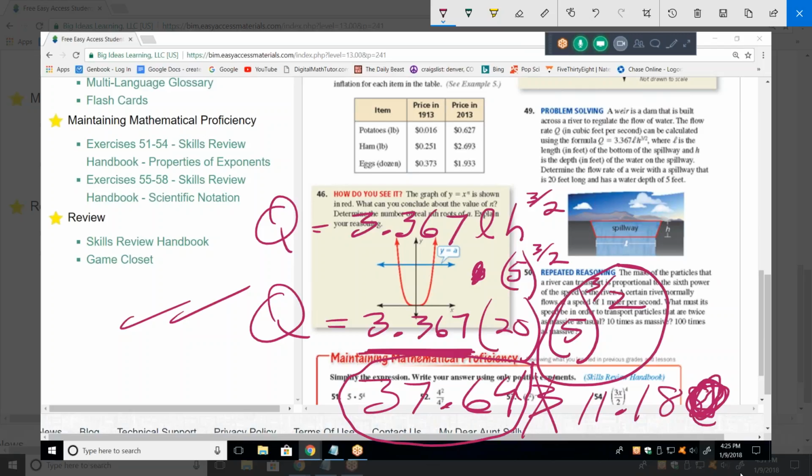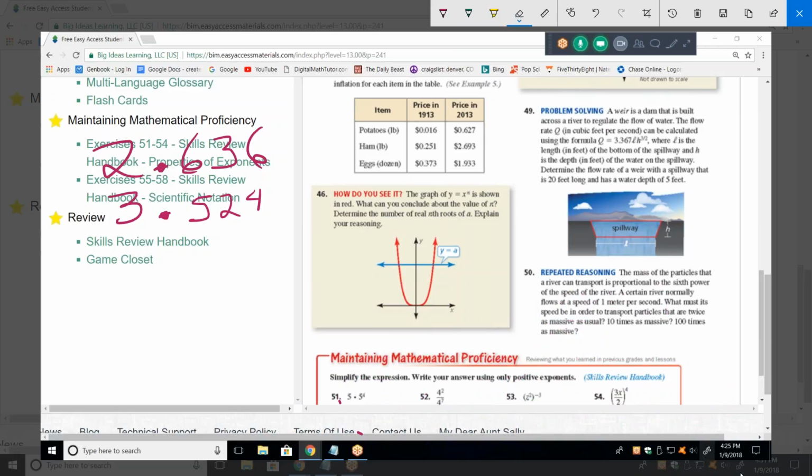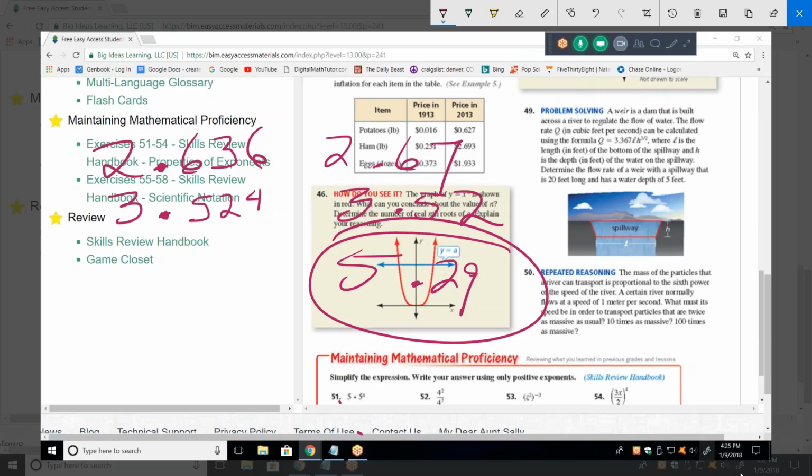For example, if I have these 2 numbers, and I'm adding those 2 numbers, if I round off before I add them, then I've got 2.67 that I'm going to add to 3.52, and I'm going to get 5.29 if I round off before adding them.